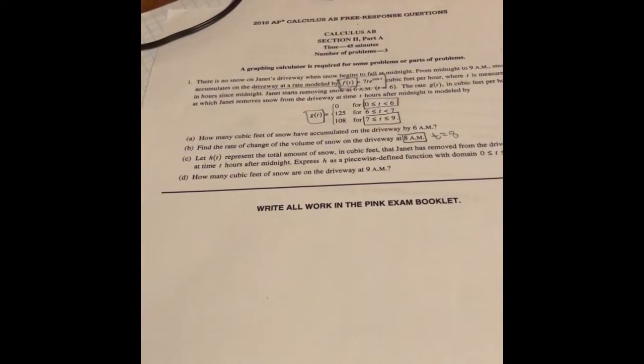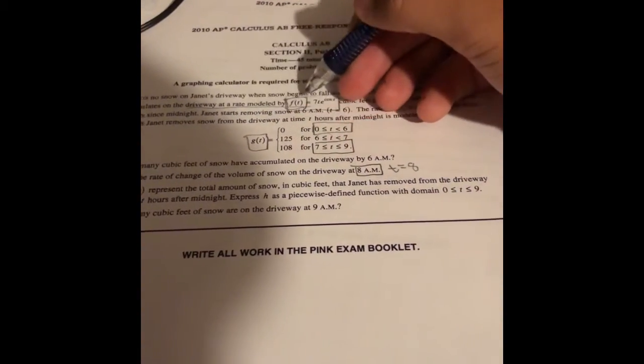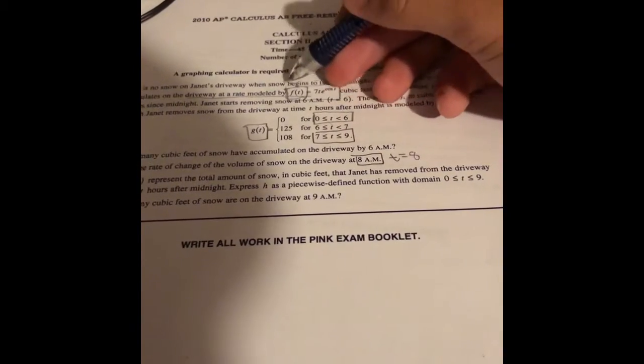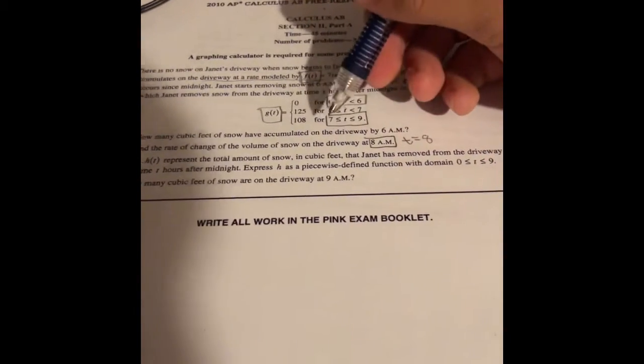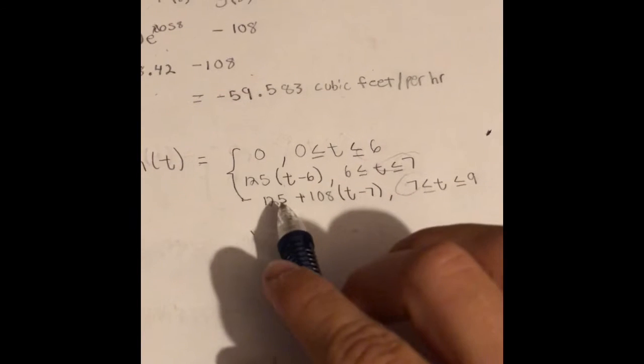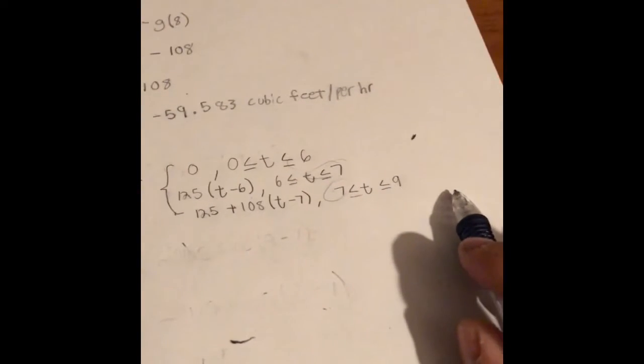All right, for part D, it's asking how many cubic feet of snow are on the driveway at 9 a.m. In order to do this, we have to take into account how much is being added to the driveway, which we can get with our f of t, and then how much is being removed at 9 a.m., which we can represent with our H of t. Our H of t we know is 125 plus 108 (t minus 7).